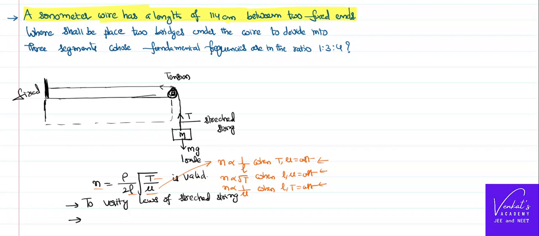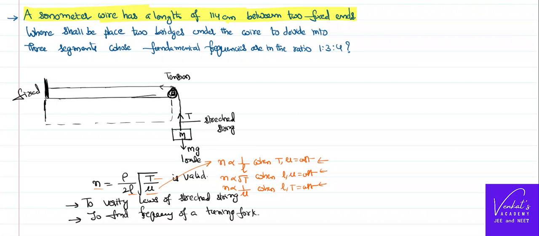We can also use it to find the frequency of a tuning fork. We can use a tuning fork and find its frequency using this device. Well, how do you do that? We'll leave it, because the video becomes too lengthy if I go into that discussion.